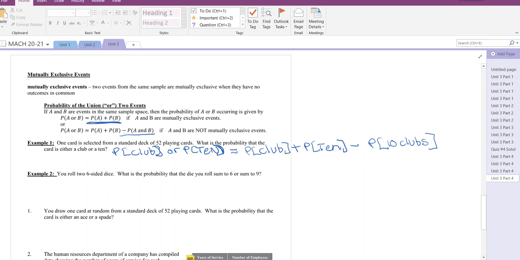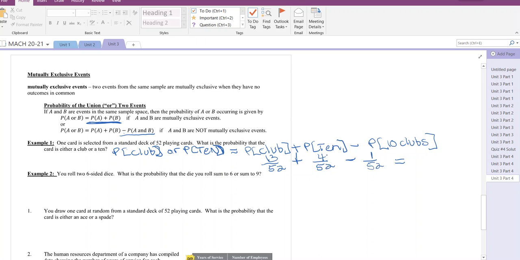So the probability of getting a club, well, there's 13 clubs and there's 52 cards. Probability of getting a 10, there's 4 10s in the deck and there's 52 cards. Minus the 10 of clubs, there's one of those in the deck and there's 52.